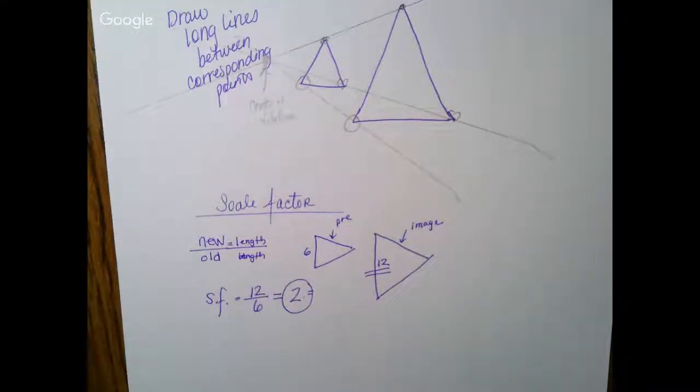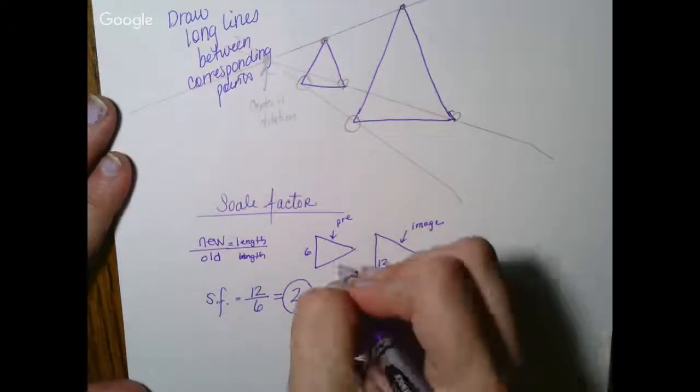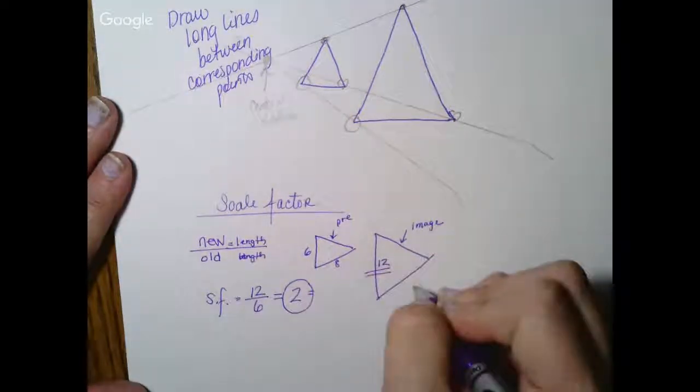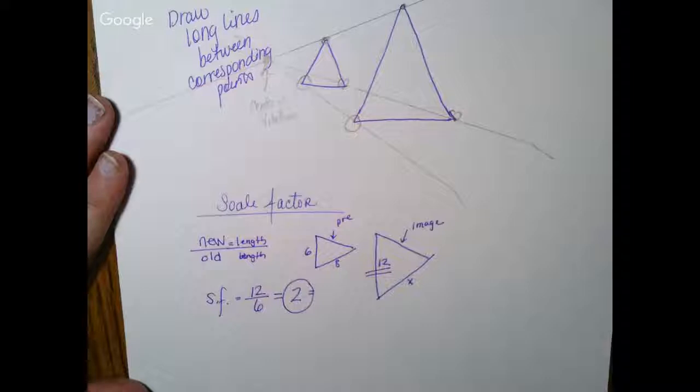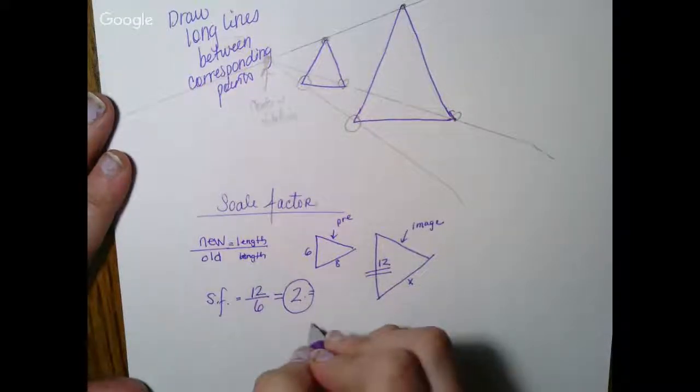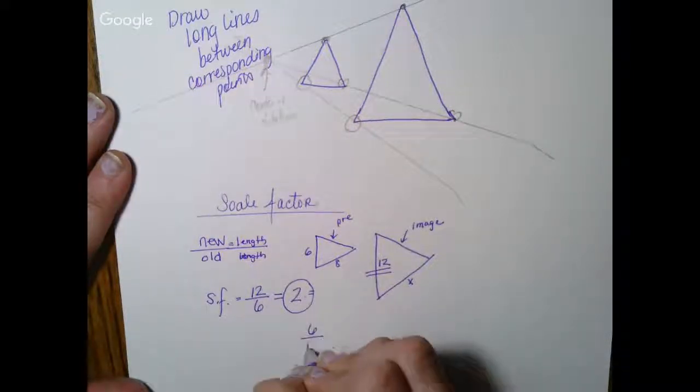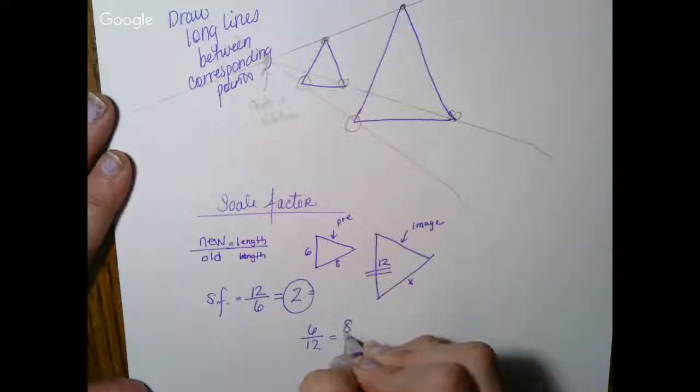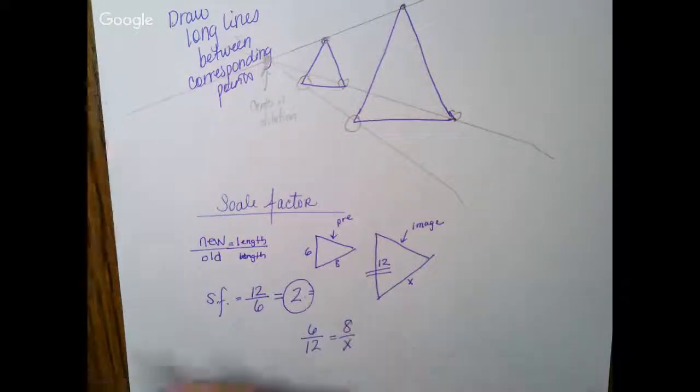So technically speaking, if this side right here was 8 and I have to decide this side, and I'll talk more about this in the next video, I could set up a proportion and then cross multiply like you all did in middle school. And that'll give you that one right there.